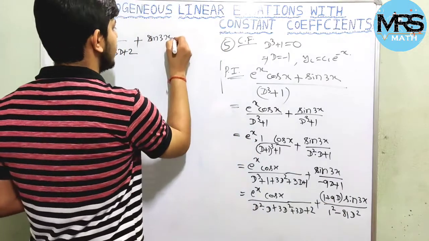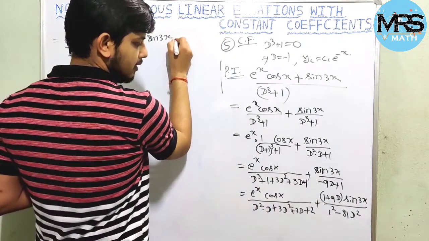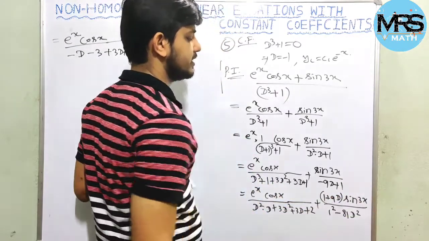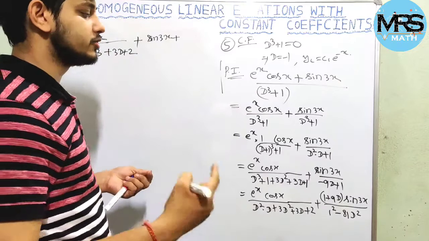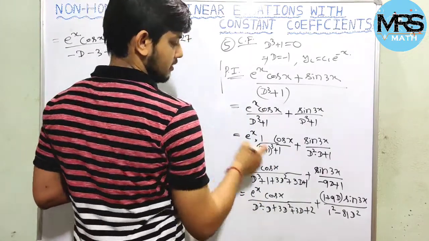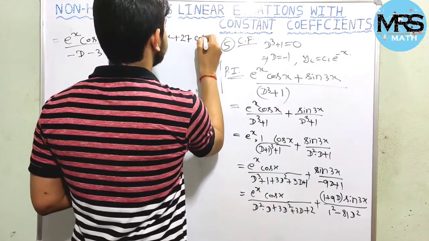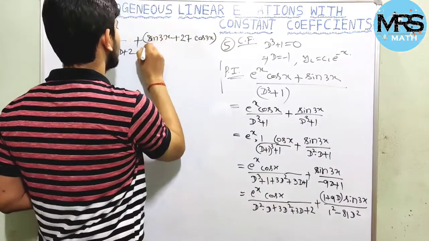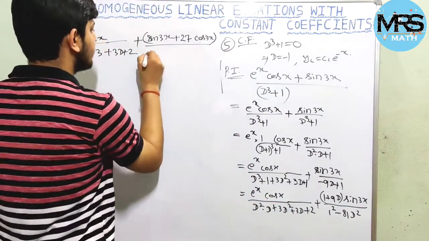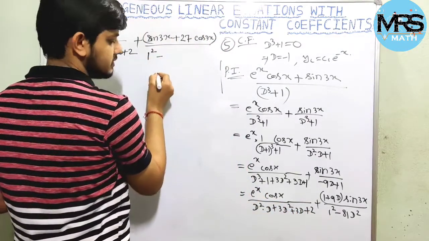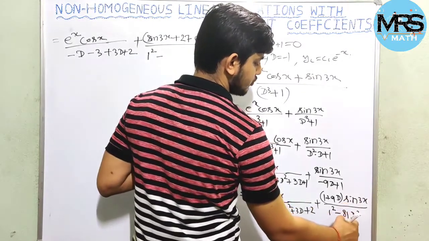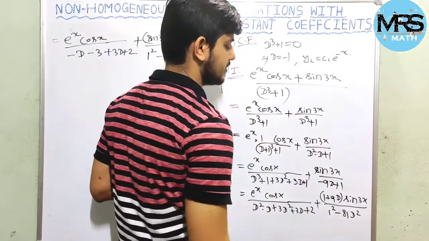Plus sign is there, so 9 into the derivative of sin 3x, which is cos 3x into 3, so we can write 27 cos 3x, correct, whole divided by, here 1 square is there, minus 81 D square, that means 3 is there, so minus 3 square, that means 9.